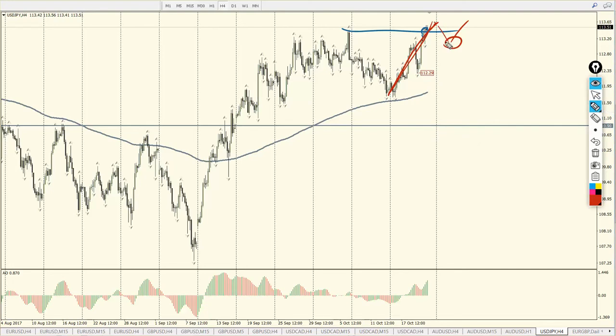As long as this pivot is not broken, I will try to find some new buy positions. Once we break through this pivot, the whole idea will be cancelled for me, and I will have to get back onto the fence and just watch this pair. So for now, this pair is still in a trend phase of D1 level up, and we'll see if I get any opportunities to open some buy positions for the upcoming week before we break through this reference point. So this is it, guys.